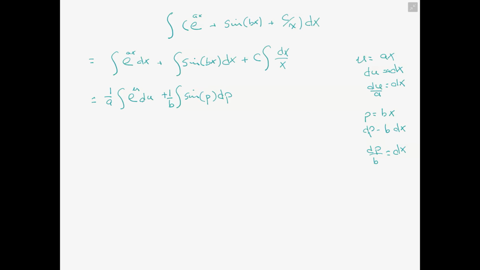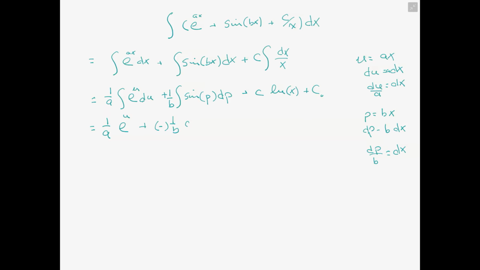So we have 1 on b, sine p dp. And this one already is c ln x plus c naught.